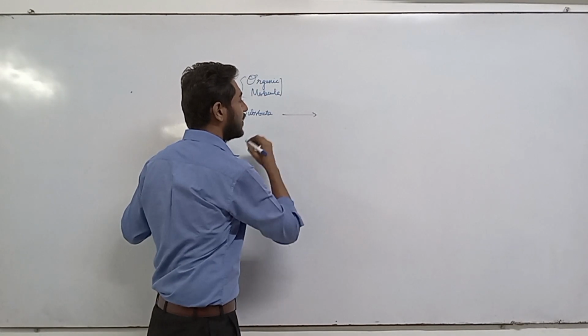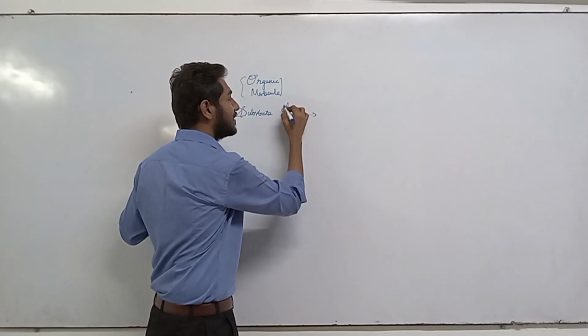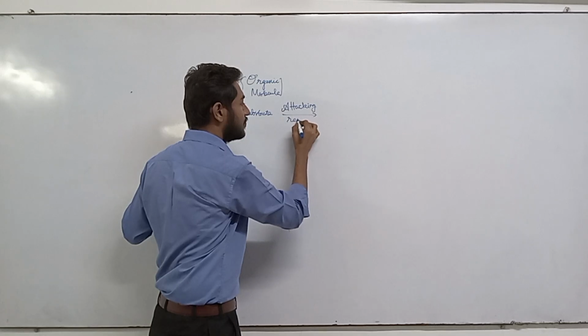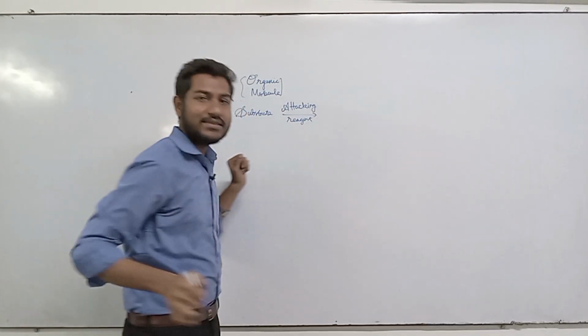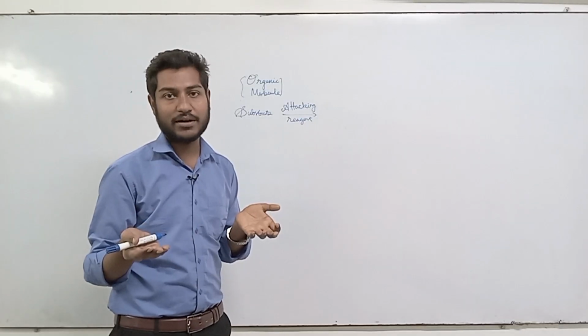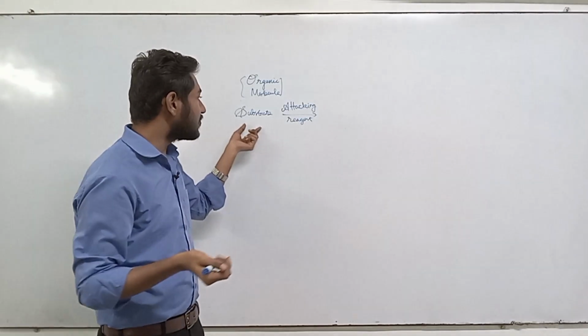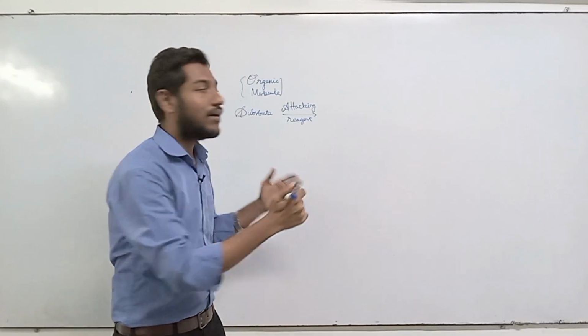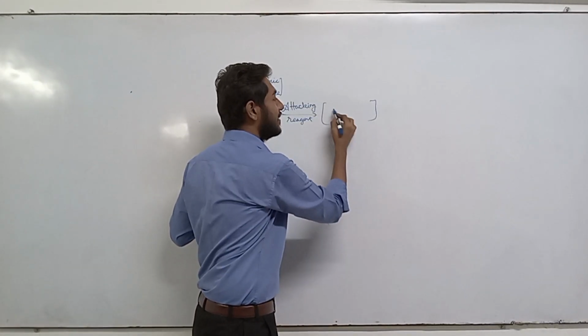The substrate attaches with an attacking reagent. What is chemistry? Breaking of old bonds and forming of new bonds. That is chemistry. So the substrate molecule attaches with the attacking reagent and forms a reactive intermediate.